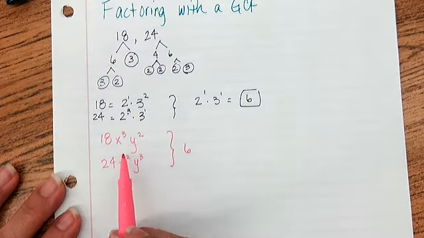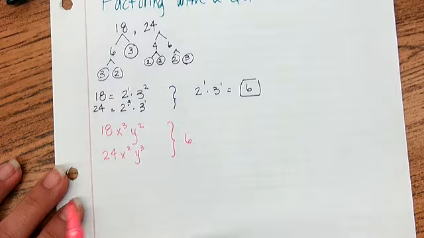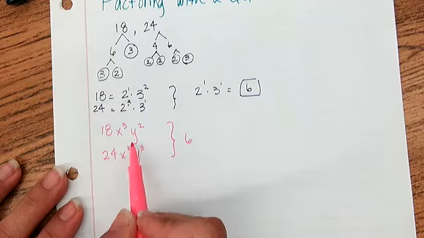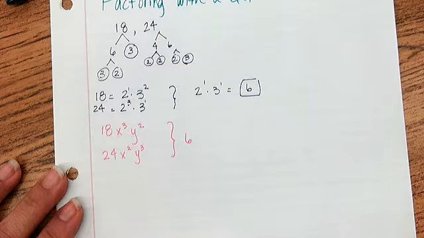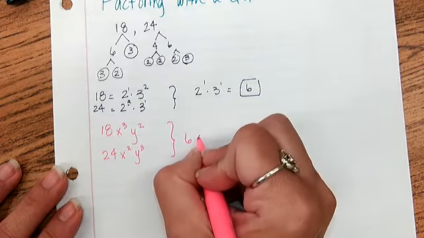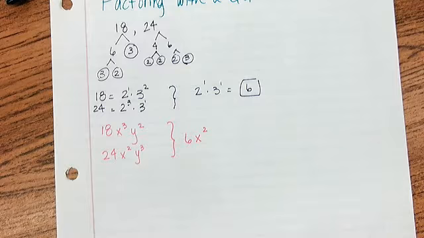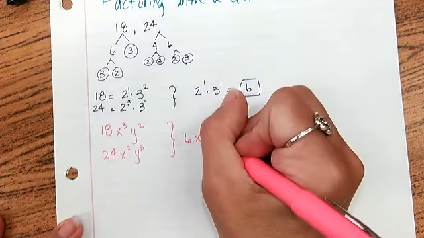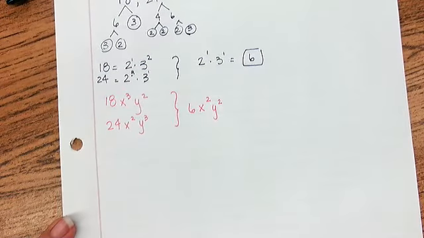I looked at x cubed and x squared. The highest that they have in common are 2 of them, which is x squared. And for the y's, same thing. The highest that they have in common is a y squared. So that would be the GCF.